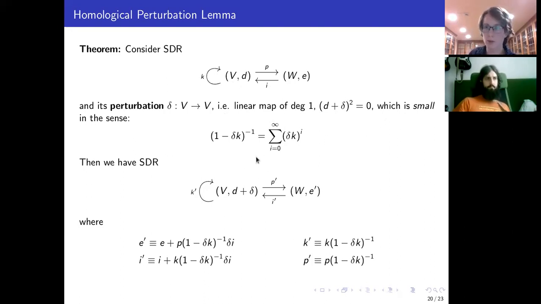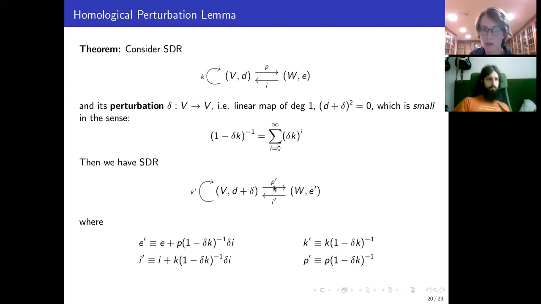You also consider it small, in the sense that you can think of this sum. And then if you consider this perturbation, the vector space with the differential perturbed by it gives you again a special deformation retract.